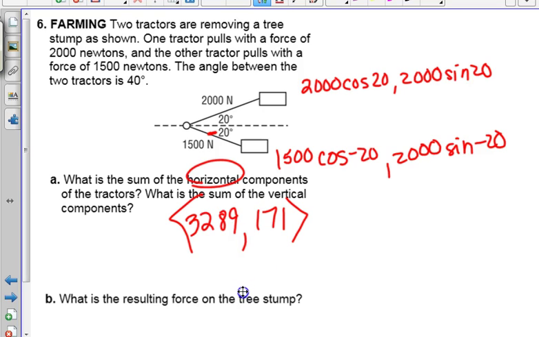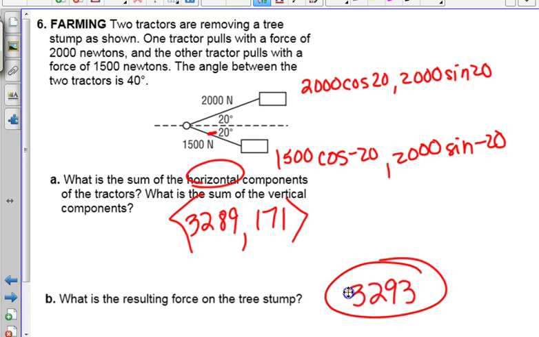Okay. What is the resulting force on the tree stump? Yes, just find the magnitude. I got 3,293. Why did it turn out so big?